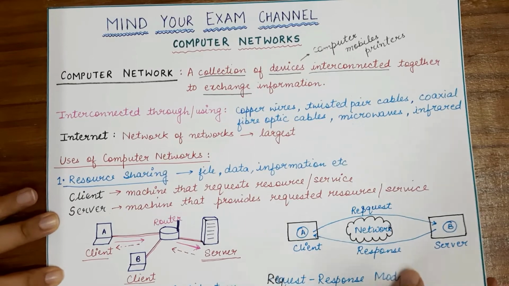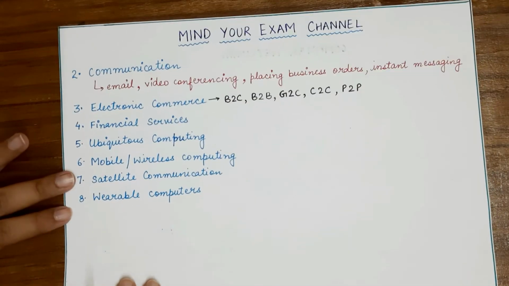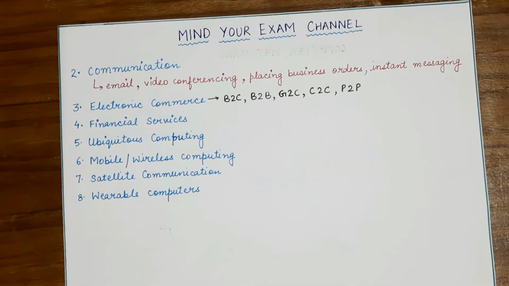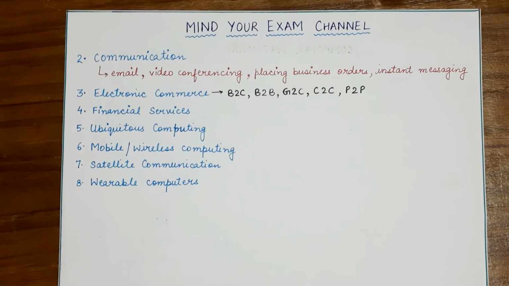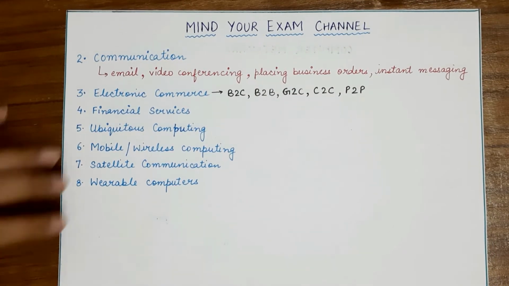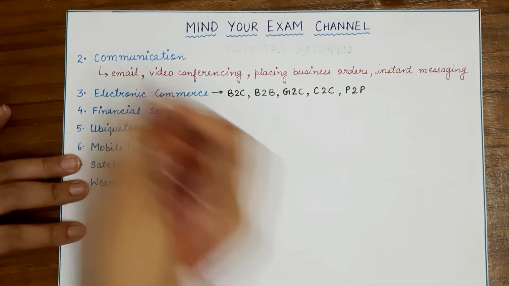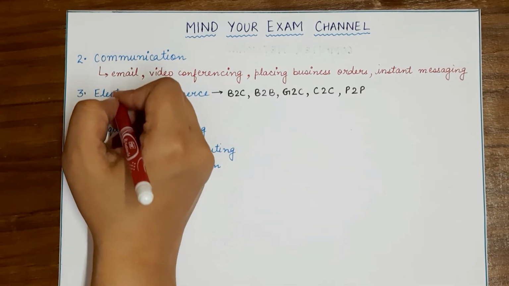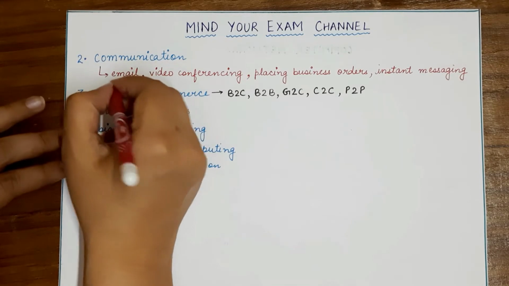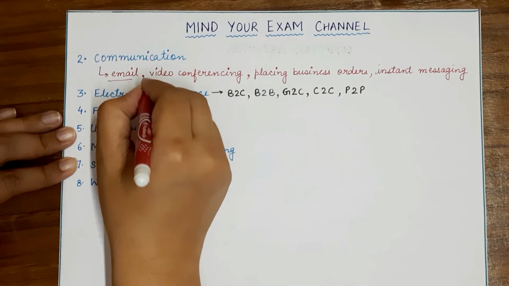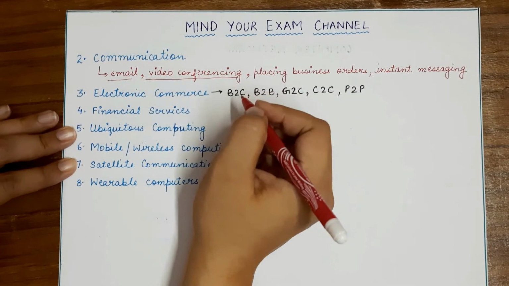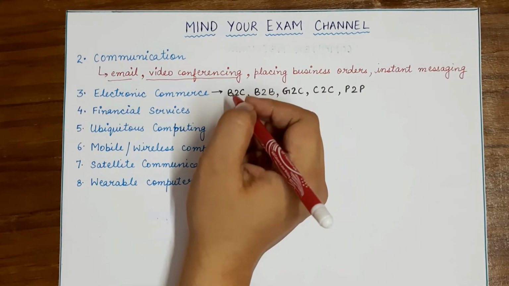Now let's come to other uses of computer networks. The second and the most important use of computer network is communication. Now this communication can be in any form. When multiple devices are connected through a network, they can communicate through emails, or through video conferencing like Zoom calls, Skype, Microsoft Teams, or Google Meet.